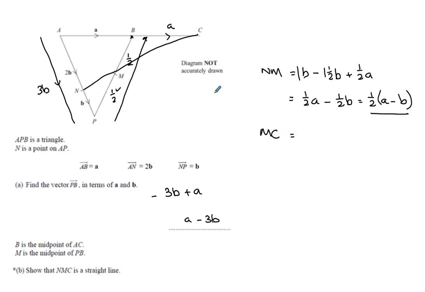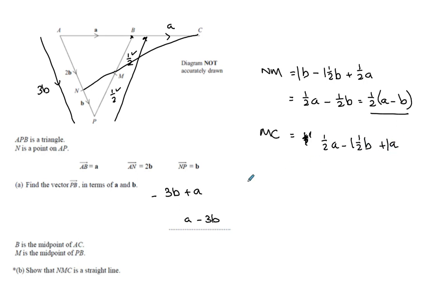So MC would be that same half. Let's do it properly. So we've got half A minus 1.5 B. So that's up to there, and then we're going to go plus A. Collecting like terms, just put the 1 there.